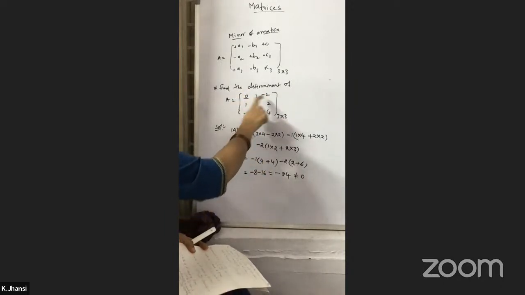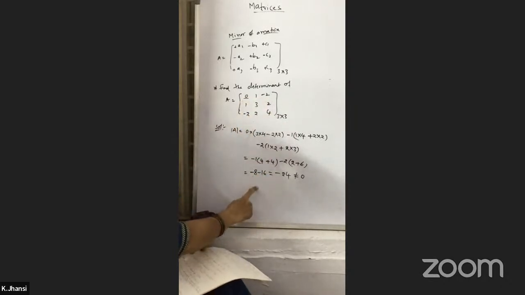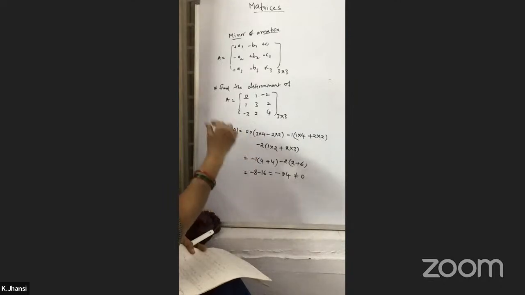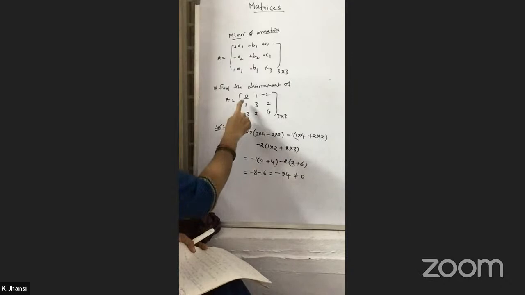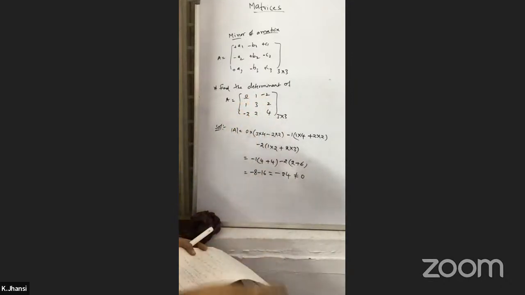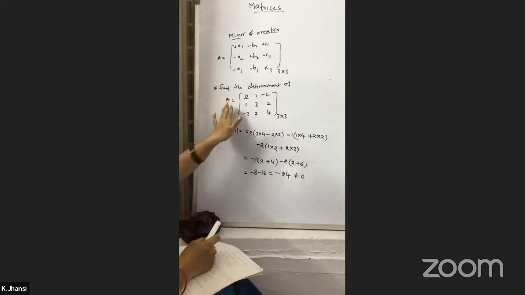If you find the cofactors for the first row, it's enough. When you go to the concept of the inverse of a 3 by 3 matrix, you have to find each and every element, 9 elements, you have to find the 9 different cofactors. So that is the difference between the determinant of a 3 by 3 matrix and the inverse of a 3 by 3 matrix.